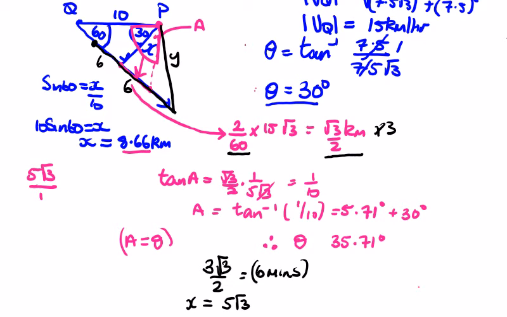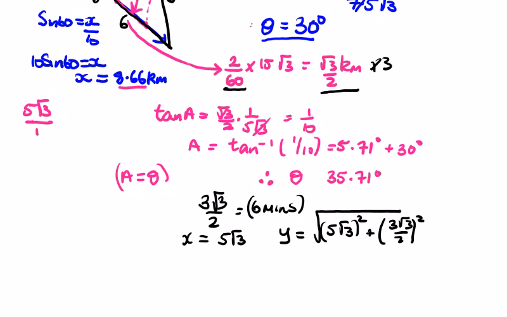So this diagonal here, y, is going to be equal to the square root of 5 root 3 squared, this will be the distance between them, plus 3 root 3 over 2 squared. So this distance works out to be 9.04 kilometers.